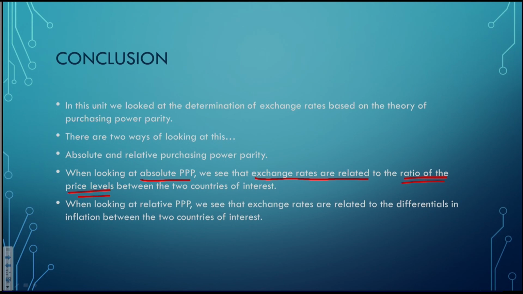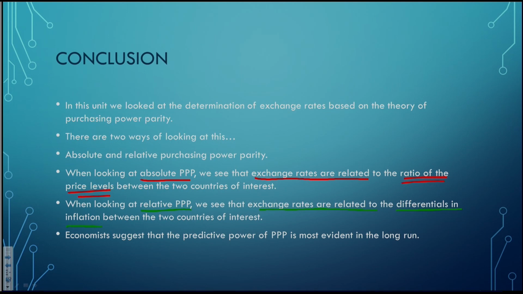When we looked at relative purchasing power parity, we said that the exchange rates are related to the differentials in inflation between the two countries. So absolute, we had one equation. For relative purchasing power parity, we had a second equation.